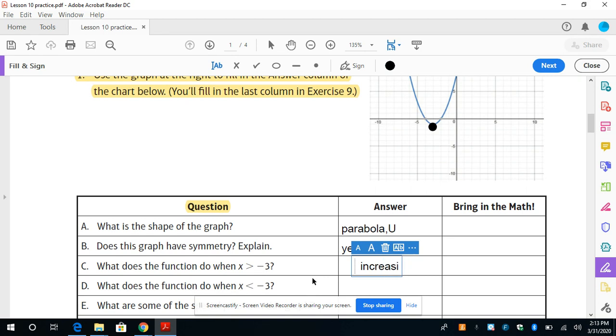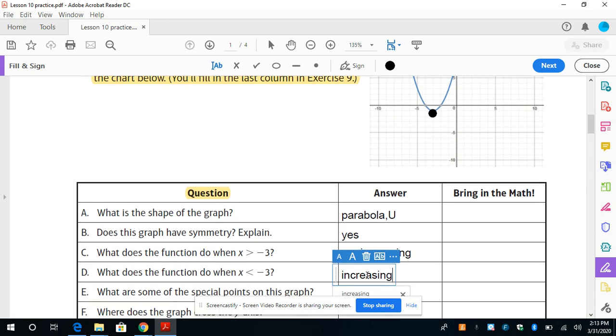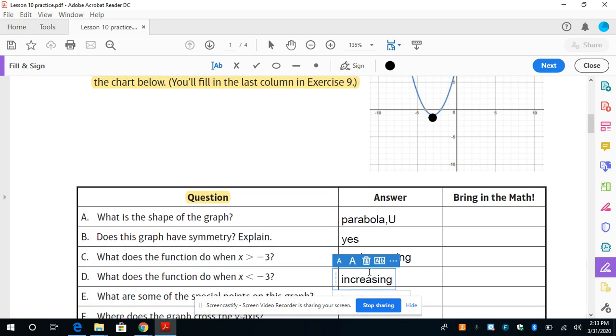What does the function do when x is less than -3? It is also increasing. Well, the y values, the y values are increasing.